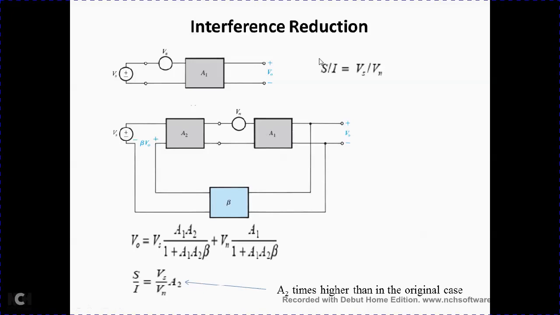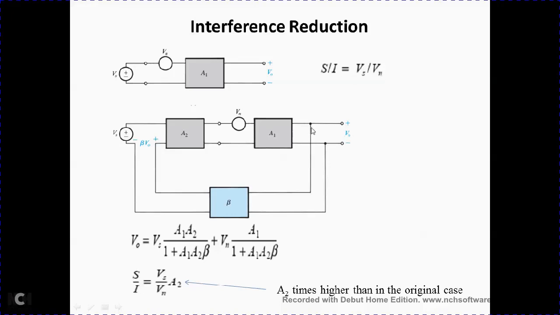If you don't have feedback, it straightly depends on this Vn. If more Vn, less signal to interference ratio, lesser the performance. Lesser the noise, better the performance. It is a straight equation.